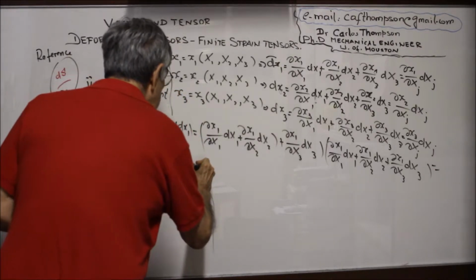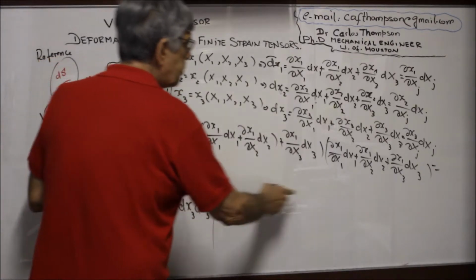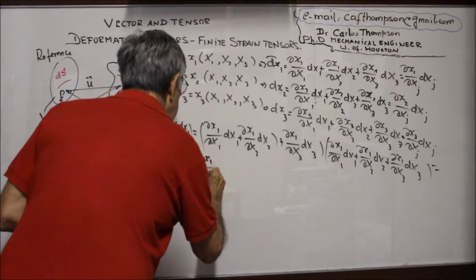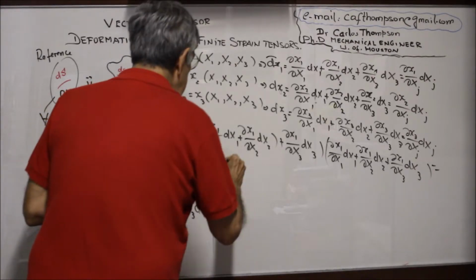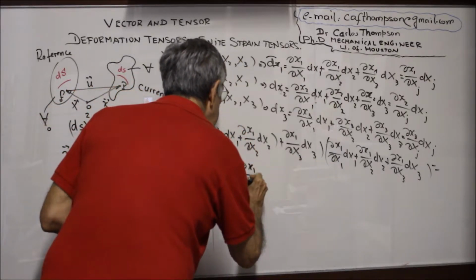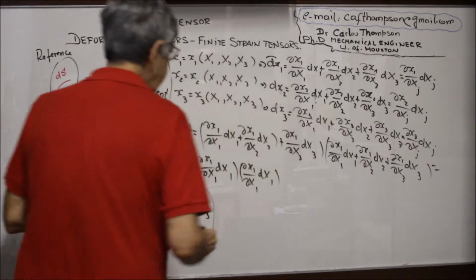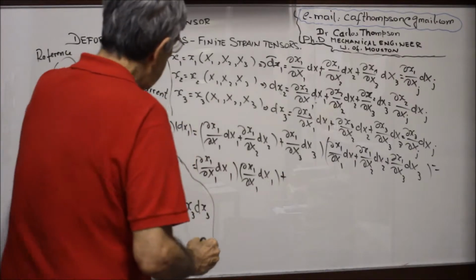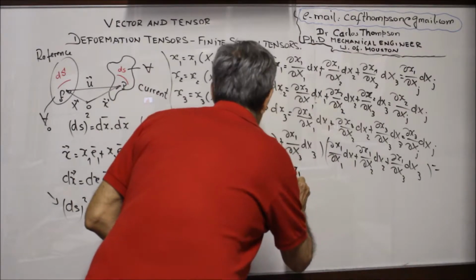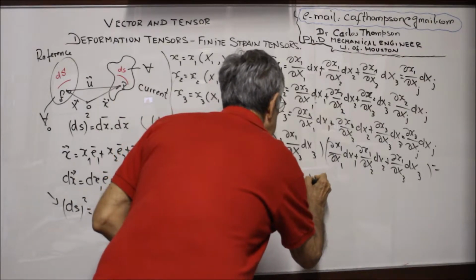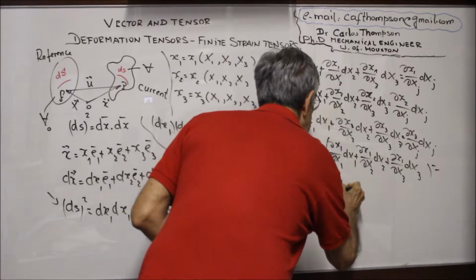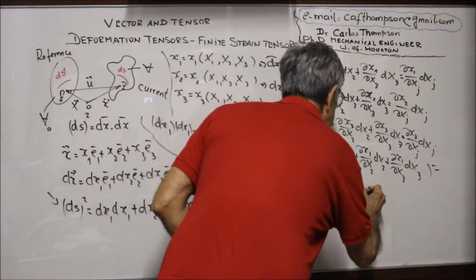Now we multiply this and this. So this will be the partial of x1 with respect to X1 dX1 times the partial of x1 with respect to X1 dX1, plus, now this times this, the partial of x1 with respect to X1 dX1 times the partial of x1 with respect to X2 dX2, plus, and so on.